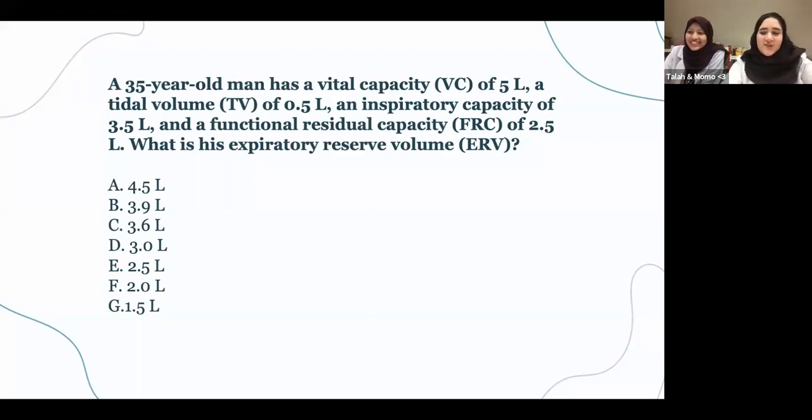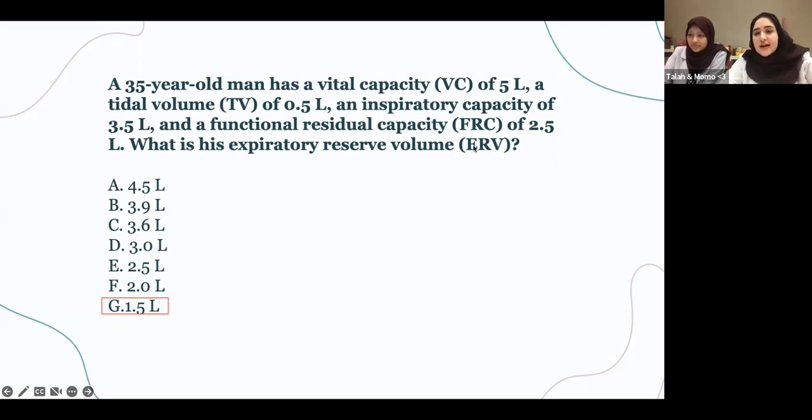Okay, so the right answer is G. Let me explain. Basically, we want the expiratory reserve volume. Let's look at what they gave us: the vital capacity, the tidal volume, the expiratory capacity, and the functional residual capacity, which is 2.5.